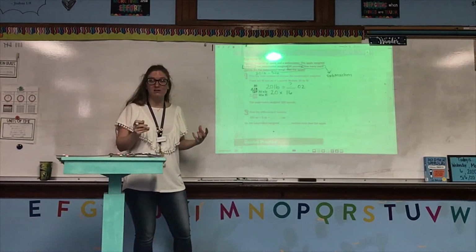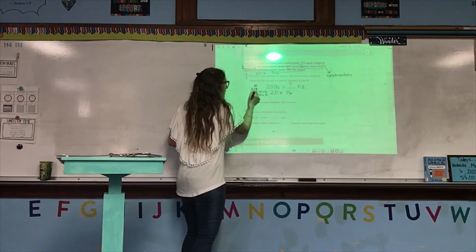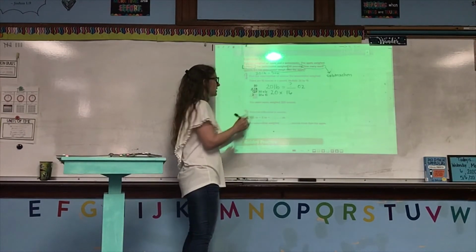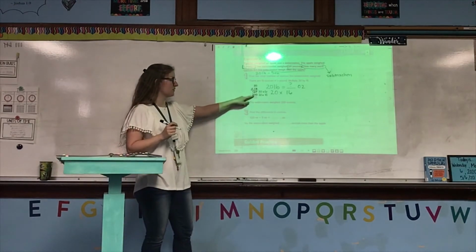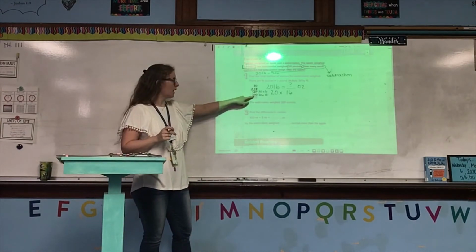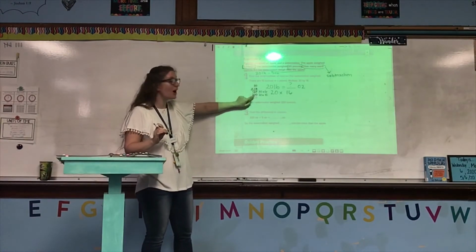Well, now I can use basic facts and patterns. The basic fact is 2 times 1, which is 2. There are 2 zeros at the end of my factor, so I'm going to put 2 zeros at the end of my product.